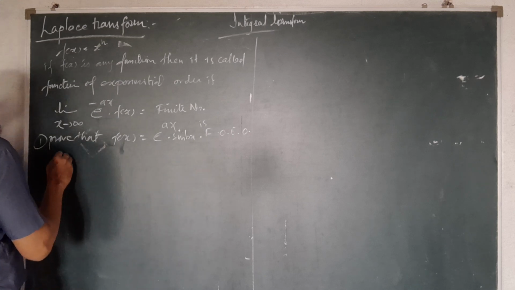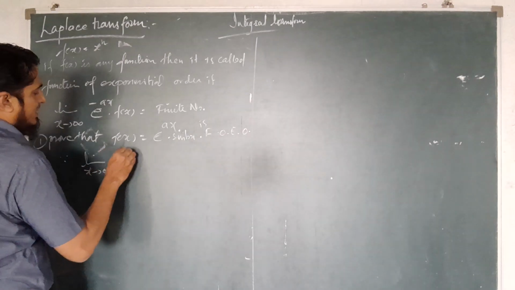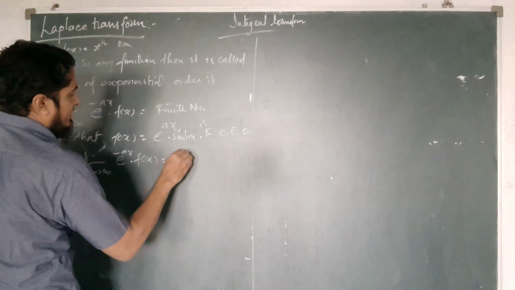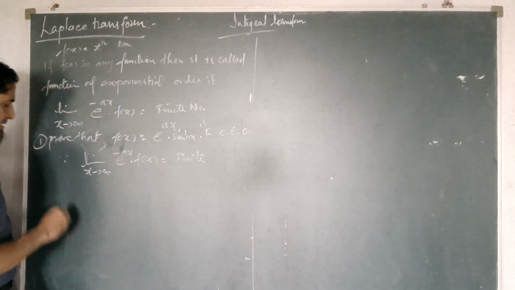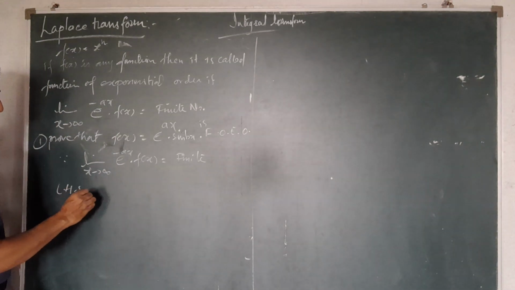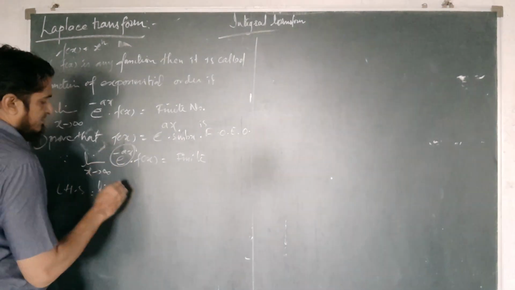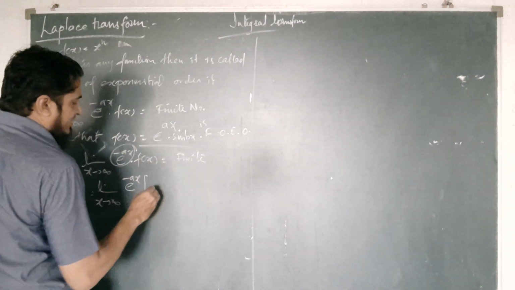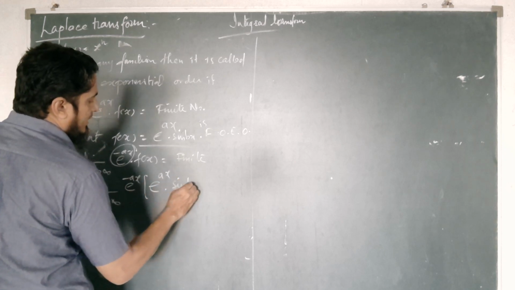Since we know the definition, the limit as x tends to infinity of e raised to minus ax into f of x is finite for a function of exponential order. The left hand side becomes the limit as x tends to infinity of e raised to minus ax, and f of x is given as e raised to ax into sine bx.